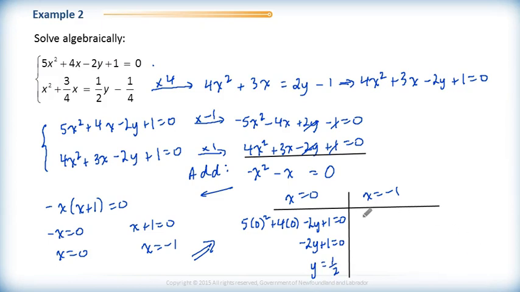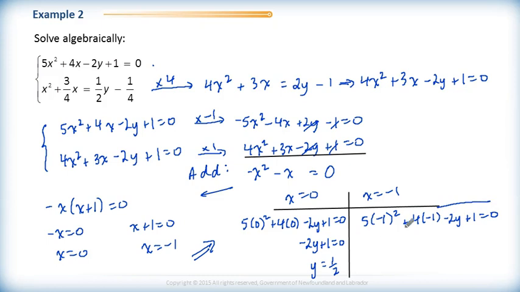Now when I do the -1 in the same equation, I get -1 squared there, times 5 would be 5, plus 4 times -1 is -4. So I get 5 minus 4 so far, which is 1, minus 2y plus 1 equals 0.